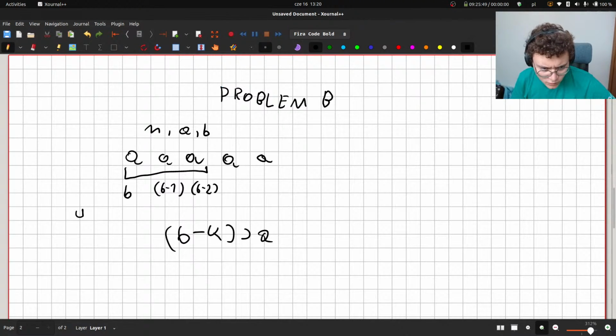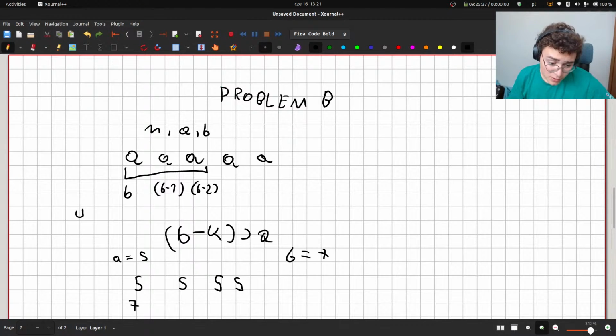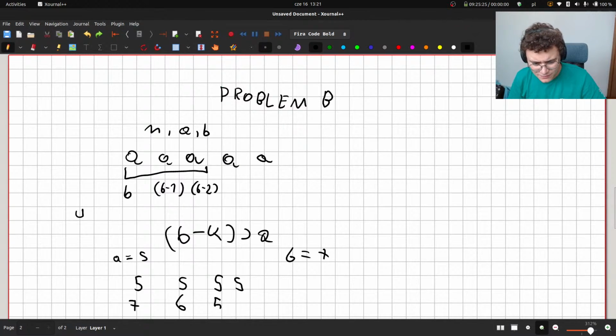Because, for example, if at the beginning a is equal to 5, so we are selling everything for 5, then if b is equal to 7, it will be optimal for us to sell the first for this new price 7, then the second for 6, not 5, and for the third one, it won't be optimal to swap it or something, because they are the same.